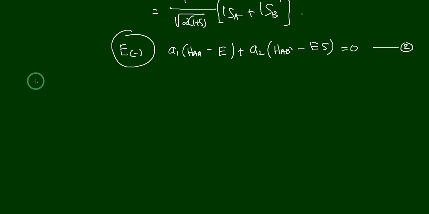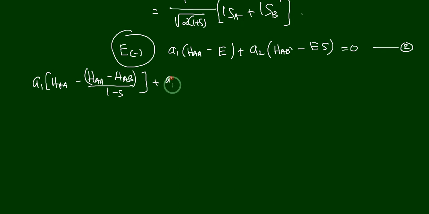Okay, so A1 into HAA minus E. In this case E is E minus, and E minus is HAA minus HAB divided by 1 minus S, okay, 1 minus S, plus A2 into HAB minus ES.